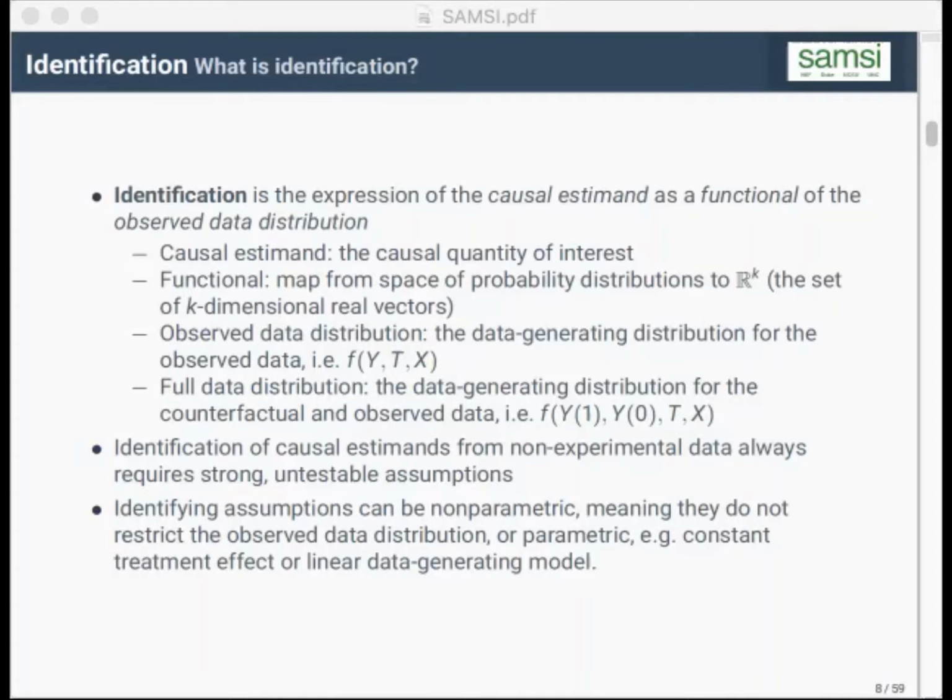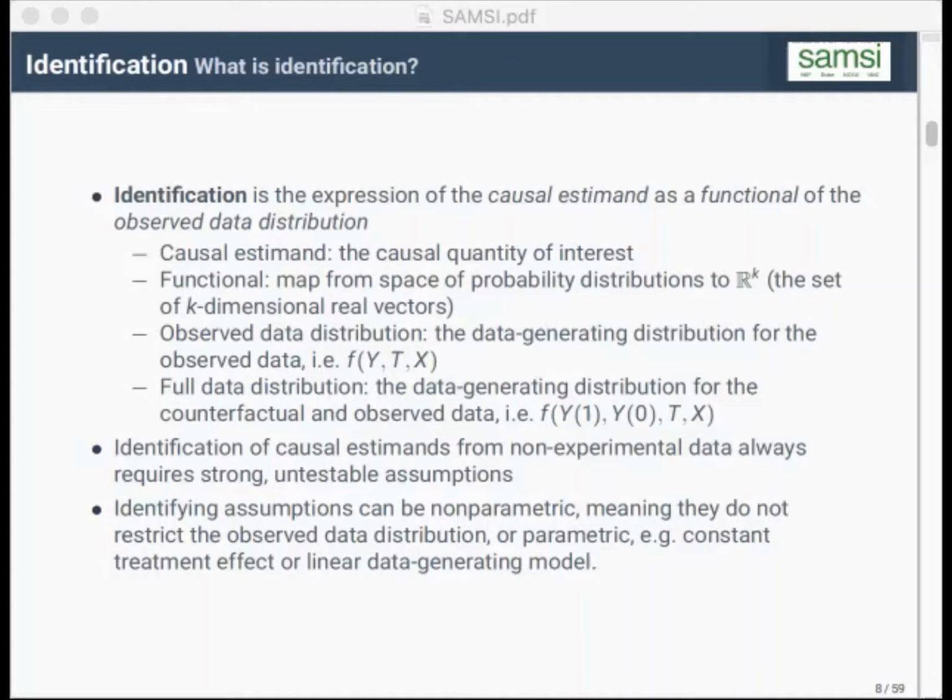A functional is like a function, except the input is a probability distribution or a collection of random variables, and the output is just a real number or a vector of real numbers. So for example, the ATE is a functional of the potential outcomes y1 and y0 because expectation is itself a functional.